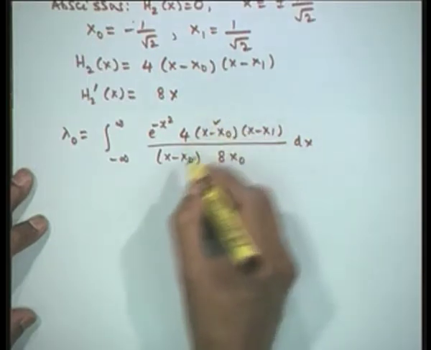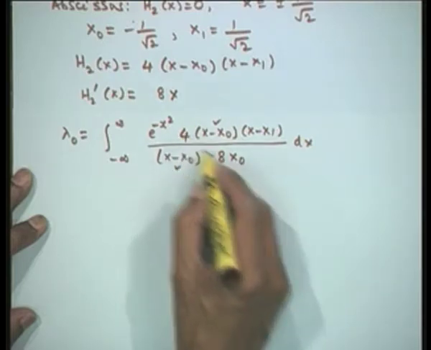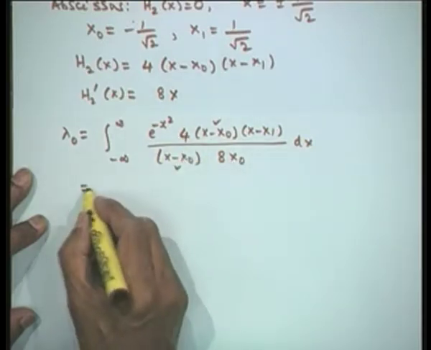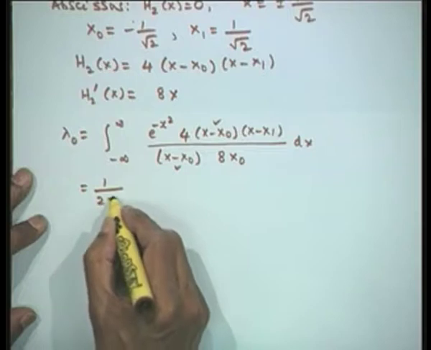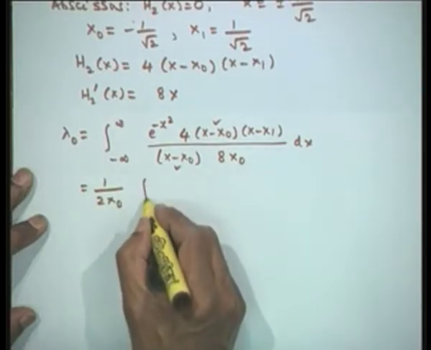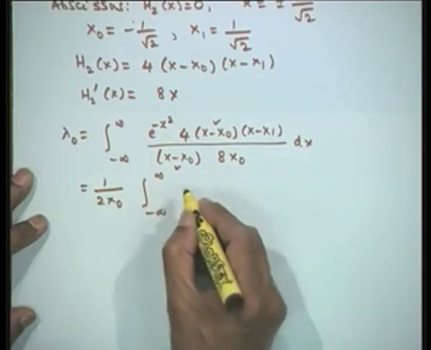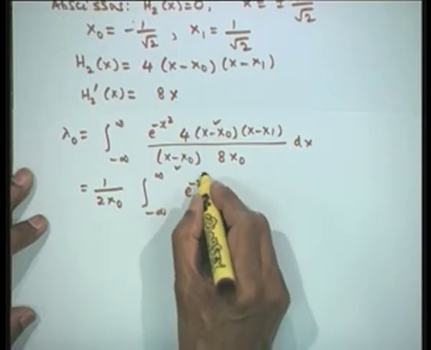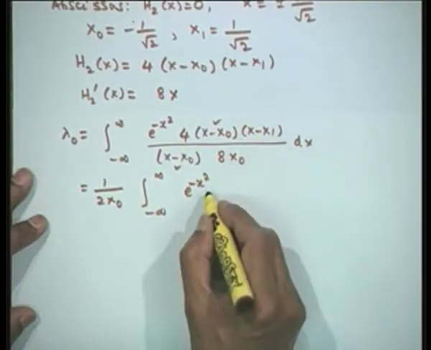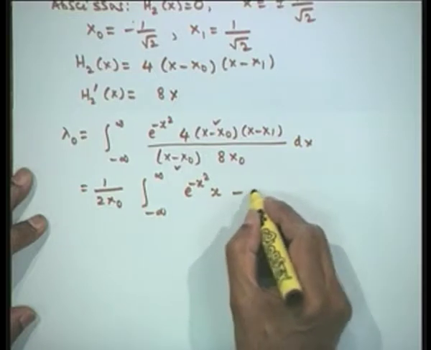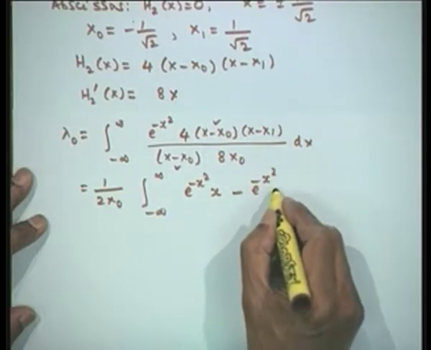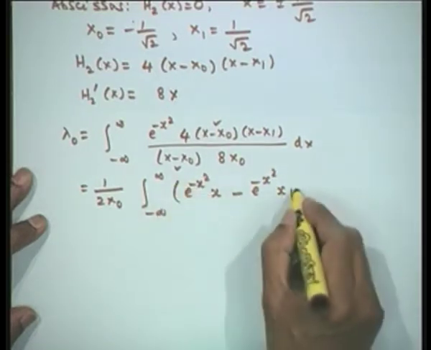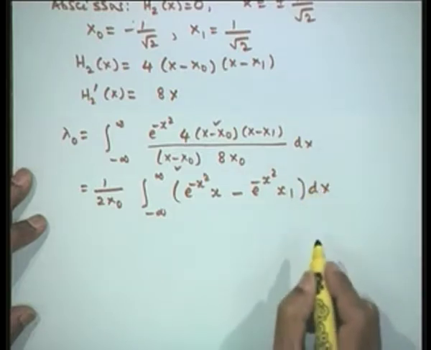Now, x minus x naught cancels with x minus x naught. Let us take this constant outside. So, I will have 1 upon 2 times x naught coming from here, the integral from minus infinity to infinity of exponential of minus x squared. Let us open it into 2 integrals, into x minus exponential of minus x squared into x 1, dx.